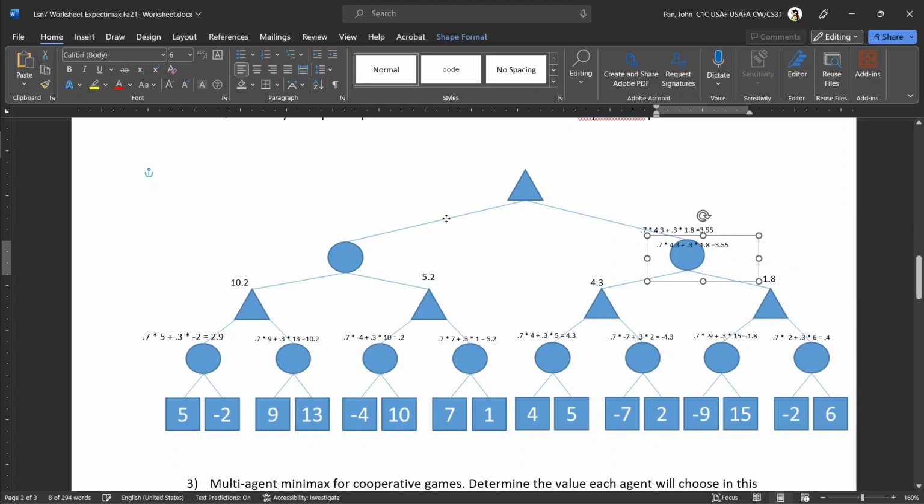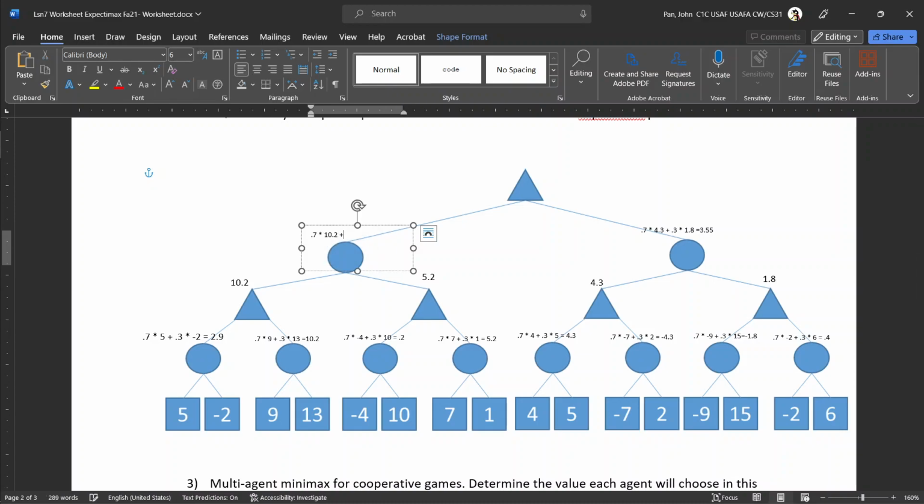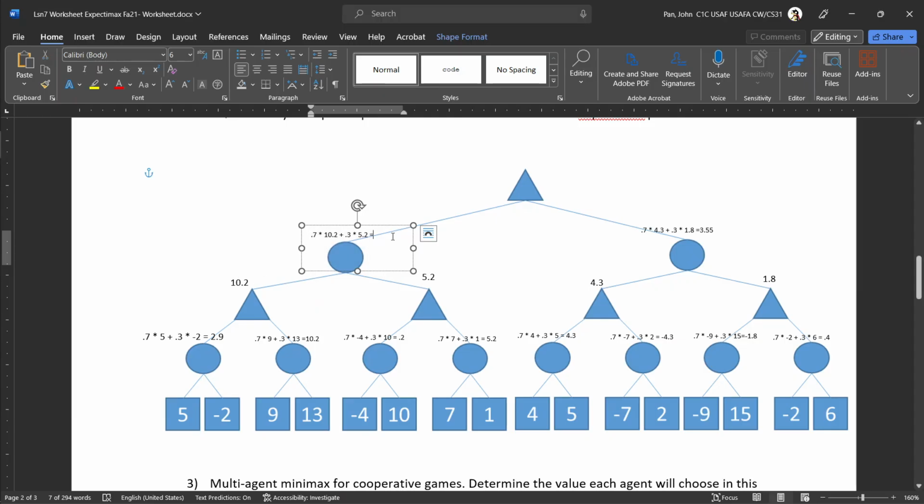Same process over here. 0.7 times 10.2 plus 0.3 times 5.2 equals 8.7.